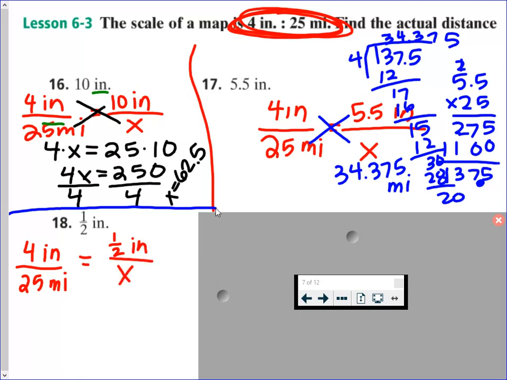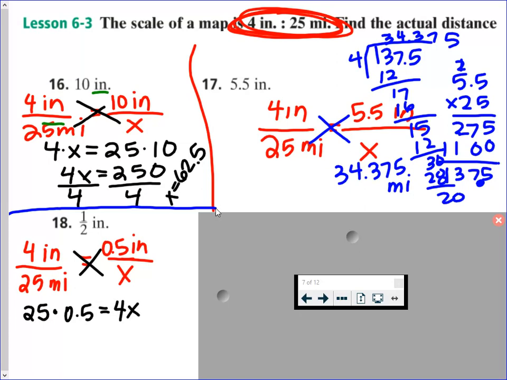Or if you would prefer, 25 times 0.5 equals 4x.